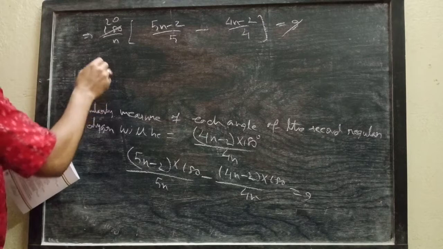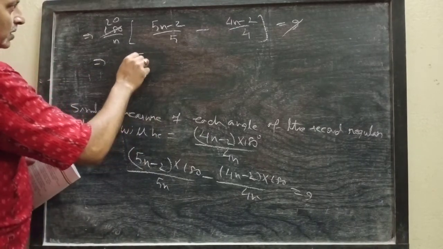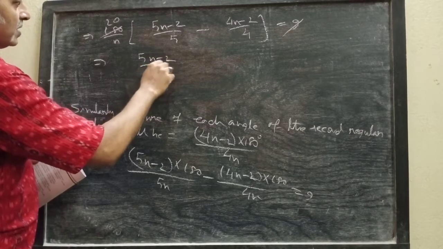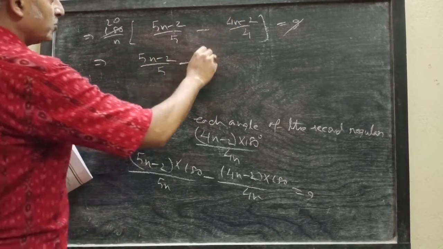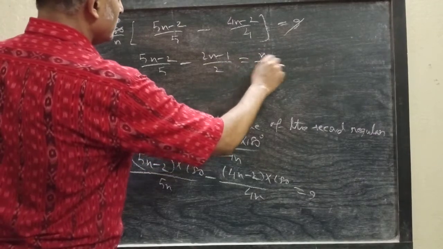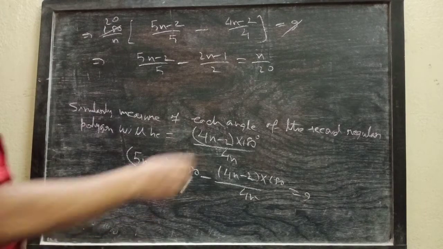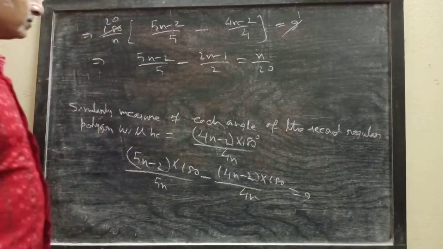We get here 20. Now this becomes (5n minus 2) by 5 minus, cancelling 2, we get (2n minus 1) by 2. This is equal to ultimately n by 20. We shift this 20 by n to the right hand side. Look here, it remains 1. We get this.